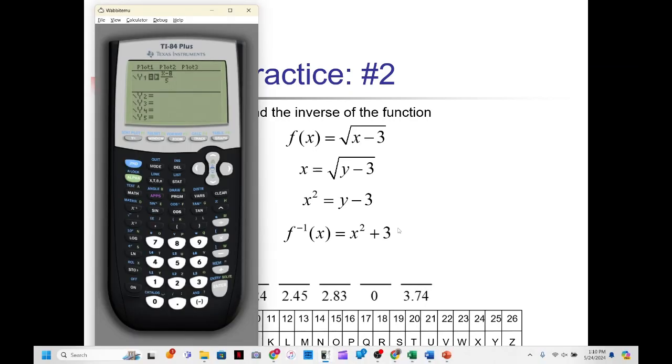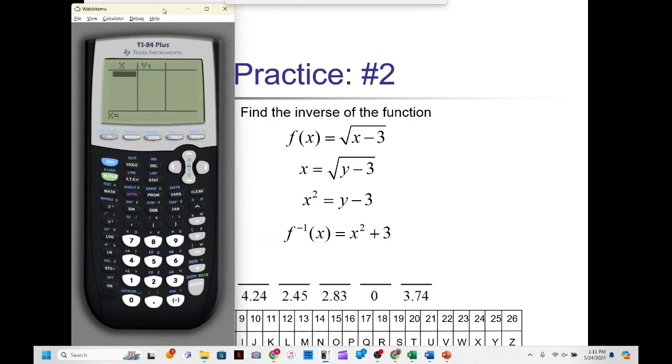So just like before, I'm going to clear out what was already in there, and I'll write in x squared plus 3. And now, just like before, let me go to second table. I've already got ask mode set up in table set, so I can just go straight to table now. And I've got these values from before. I'm going to delete all those so I can punch in some new values. So what do we have for new values?